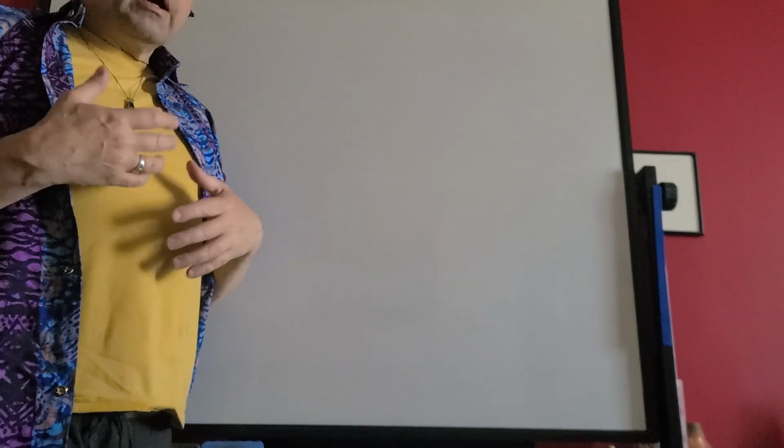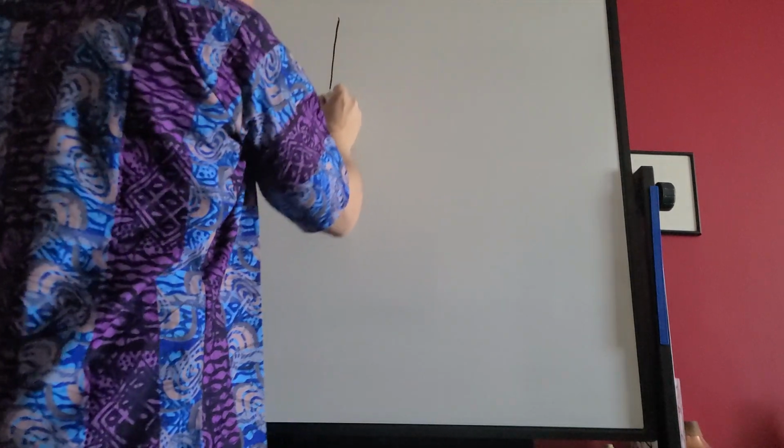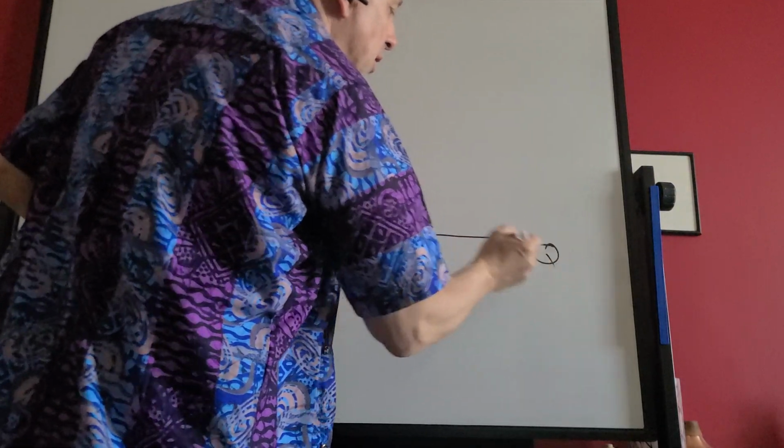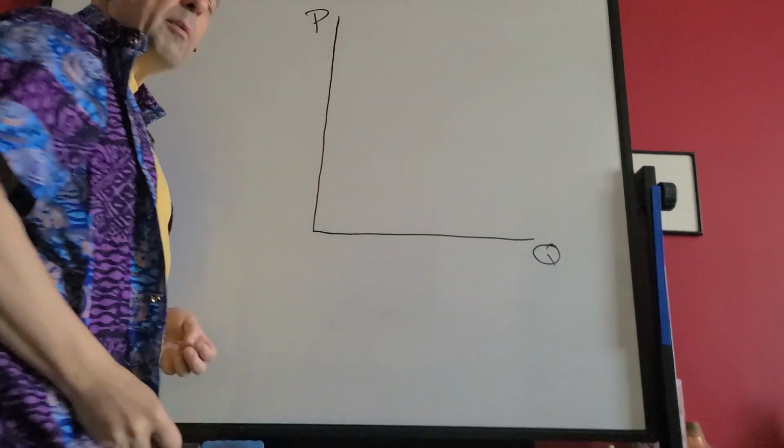Okay, so the purpose of this video is to bring the two halves of the supply and demand model together. We've got demand on one side, and what did we say about the law of demand?